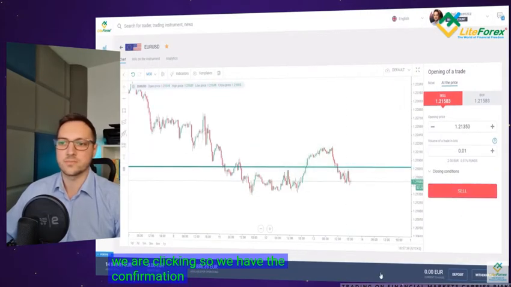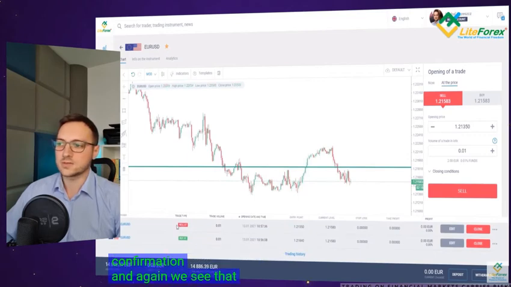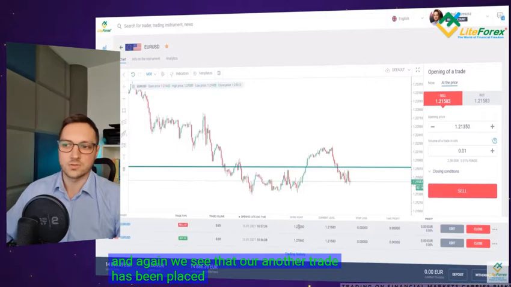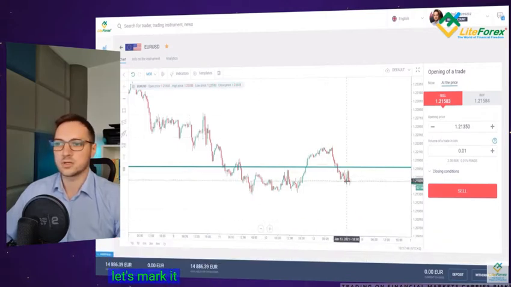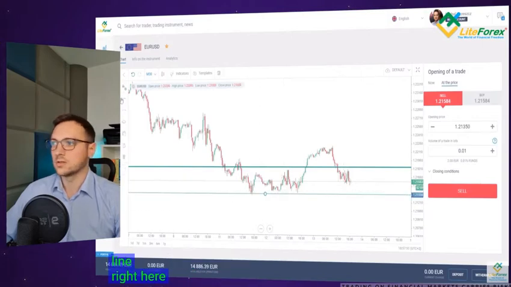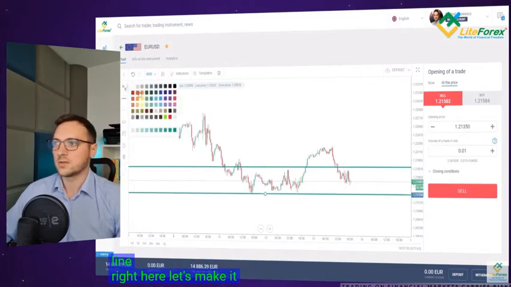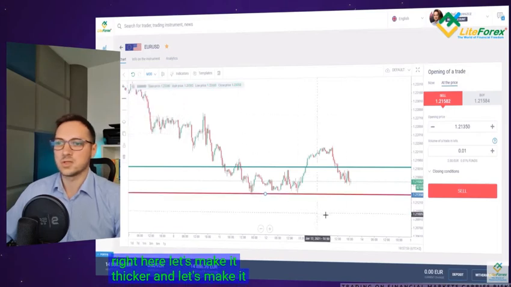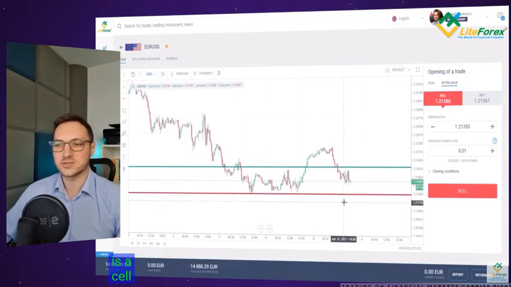We have the confirmation, and again we see that another trade has been placed at 1.2135. Let's mark it again with a trend line right here. Let's make it thicker and red, since this is a sell order.